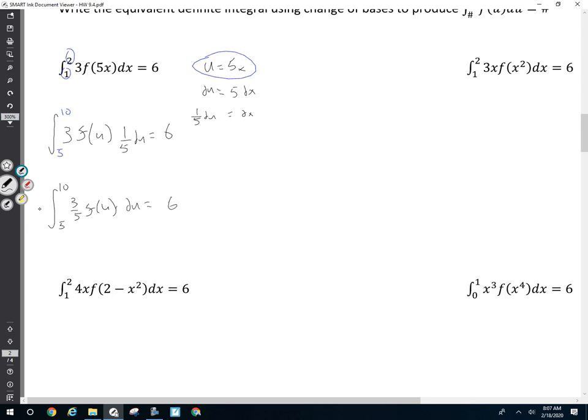So I could pull out this 3/5 and then multiply both sides by 5/3. And the answer I'm looking for is this. 5 to 10, f of u du, that's all I want. And then over here, this is 30/3, which is 10. And that's my final answer.